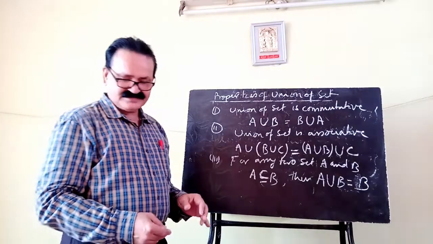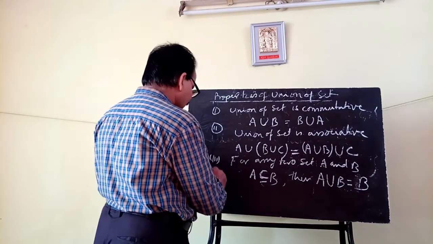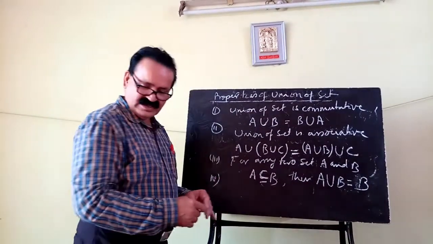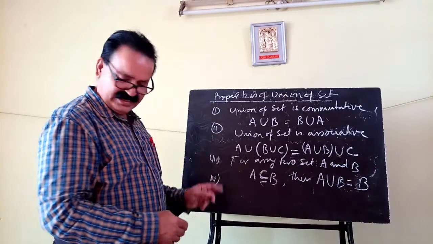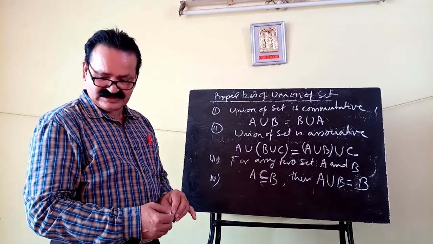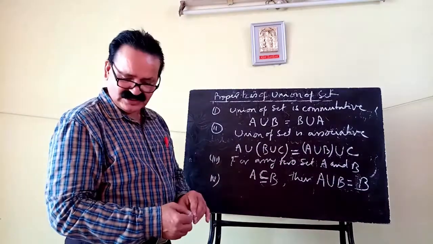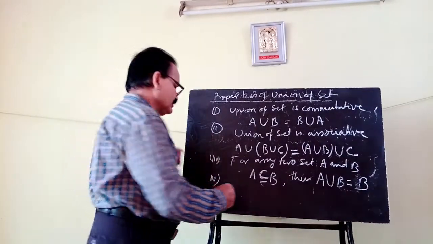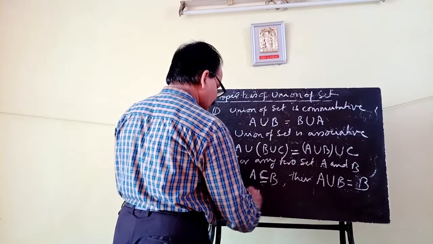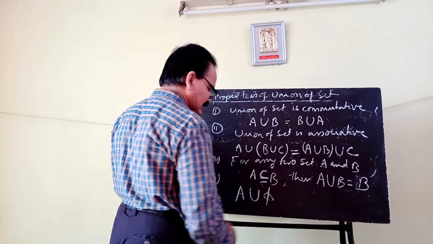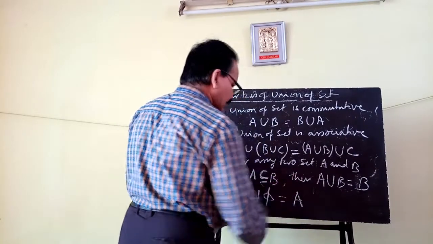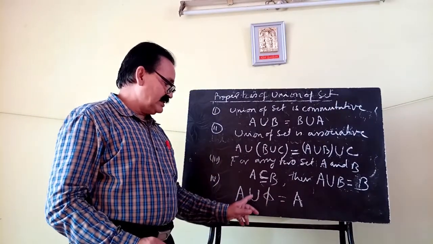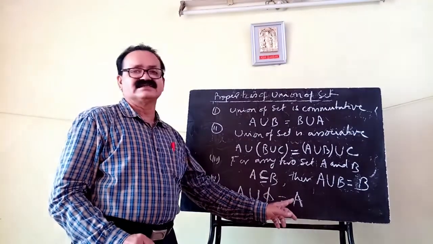Similarly, this is the fourth property. If set A is united with the null set, then A union the null set will be the set A itself.